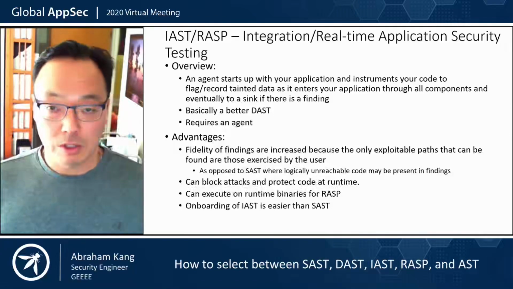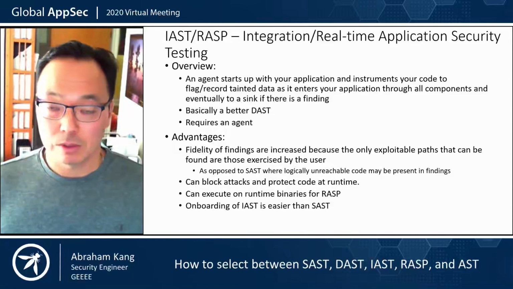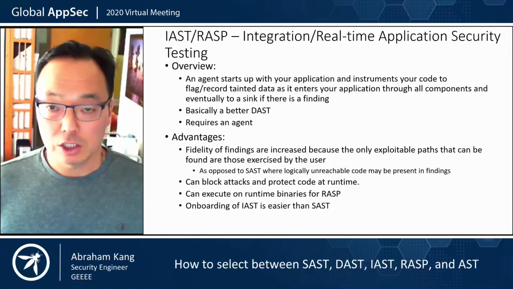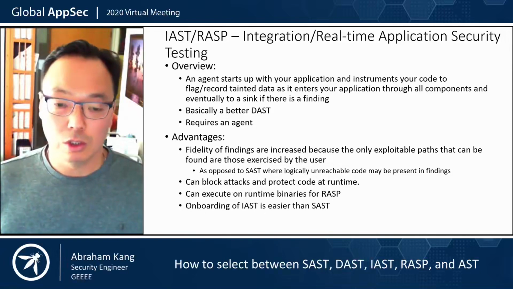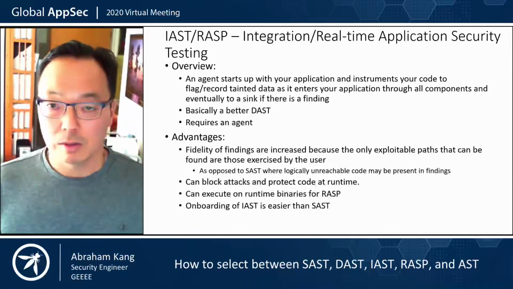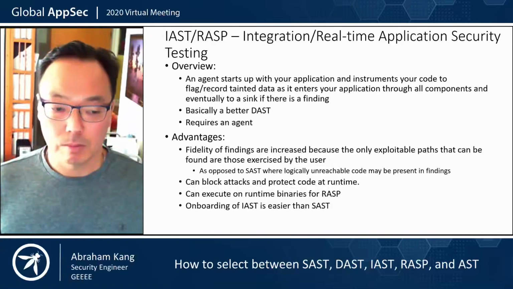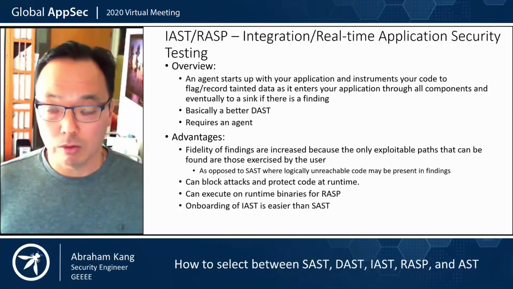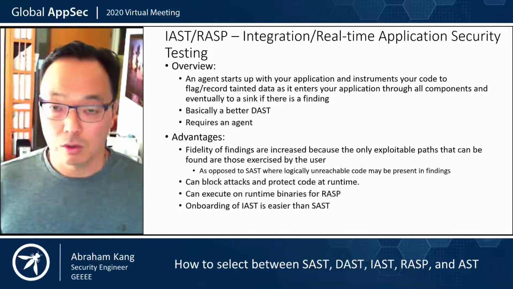And so there may be some dead code or some other paths that don't make sense in your code that may report findings. The other thing that's nice about RASP is that you can use it to block attacks at runtime. And typically, when you're trying to onboard IAST or RASP in your application, it is easier.